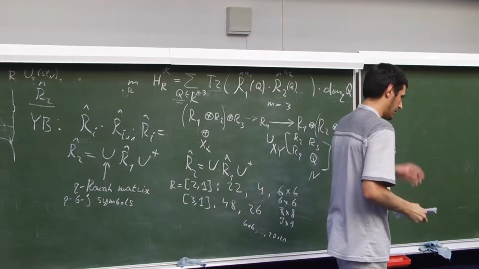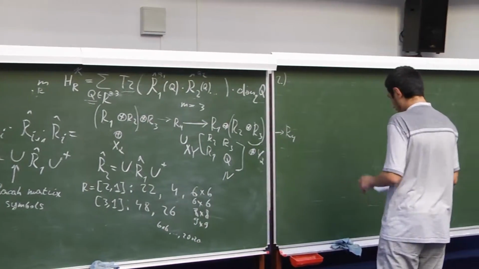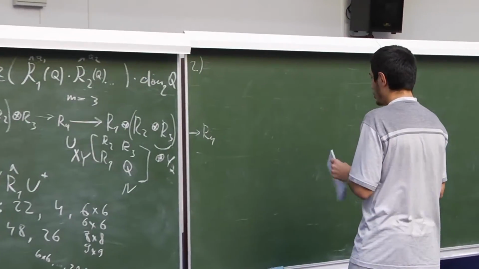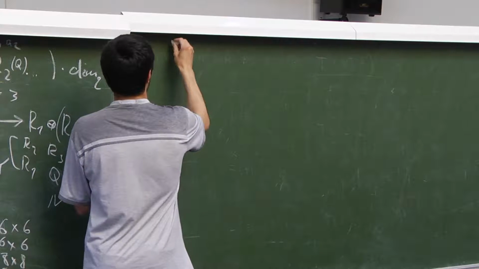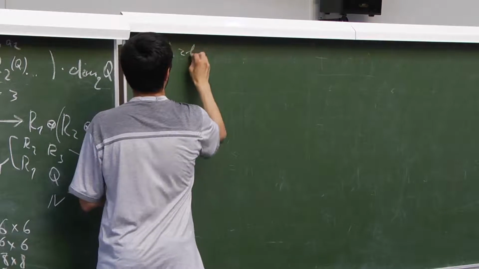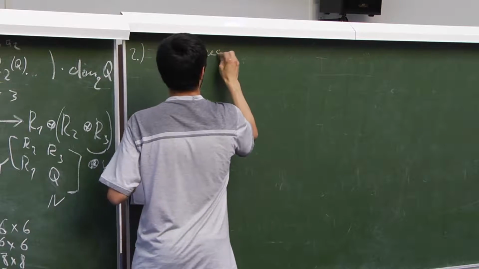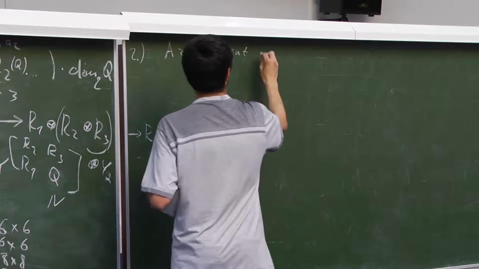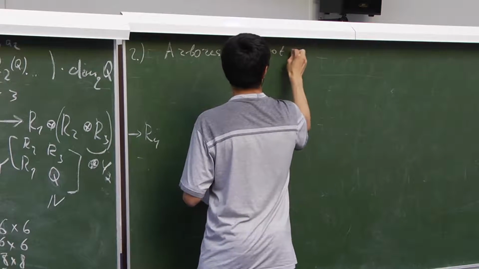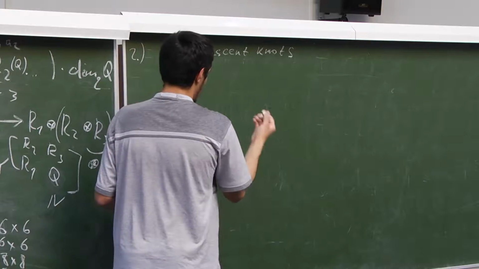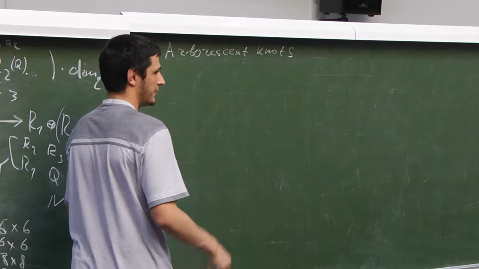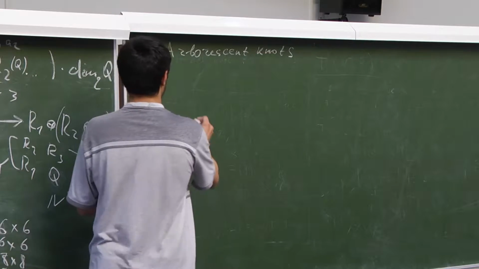Let me briefly consider another construction, which allowed me to calculate quantum invariants for so-called arborescent knots. These knots can be represented by a tree with n-valent vertices.